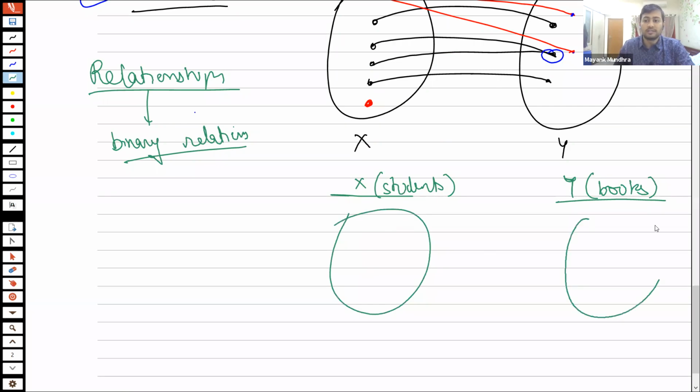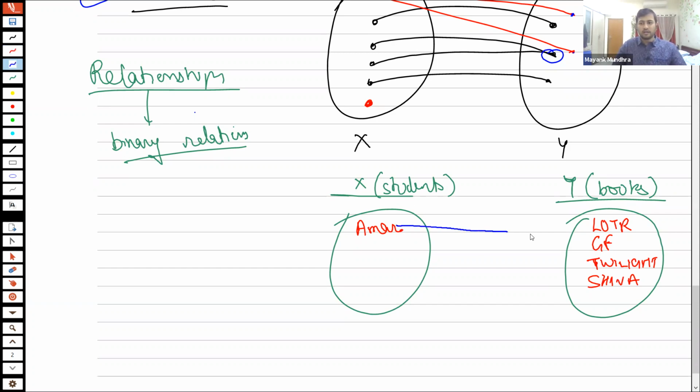Okay, so what this means is, let's say there's some student Amar and there are a bunch of books: the LOTR trilogy, the Godfather trilogy, the werewolf and vampire thing, the Twilight trilogy, and the Shiva trilogy. So these are some different trilogies or books which are available in the library. Now let's say Amar has read the Godfather trilogy and the Twilight trilogy.